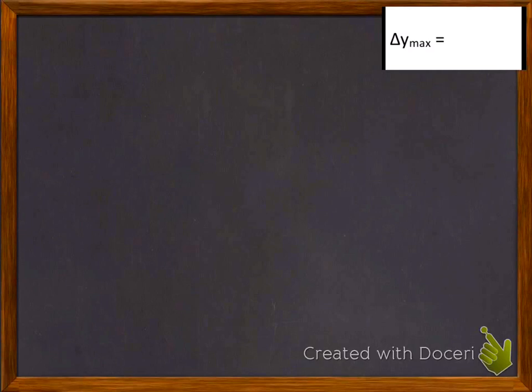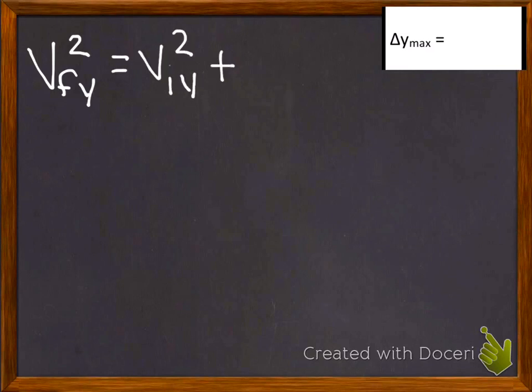So the only other thing that might be useful for us in describing this situation is figuring out what is the highest distance that the cannonball is able to reach during its trajectory. And in order to find that, with the information that we're given, the equation we'll be looking at is Vfy squared equals Viy squared plus 2g delta y, and this time we're looking at y max.